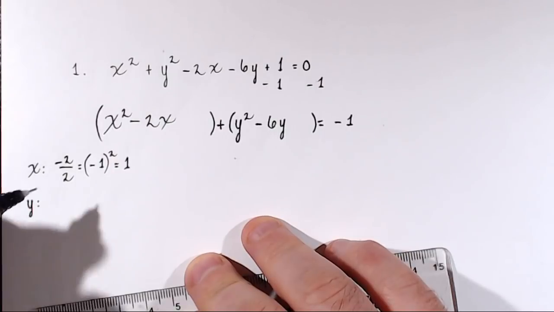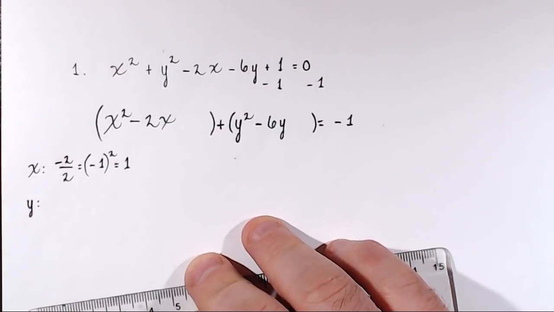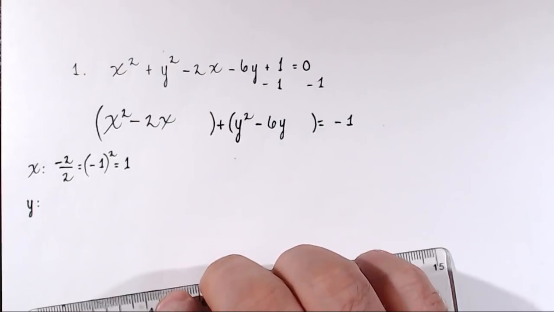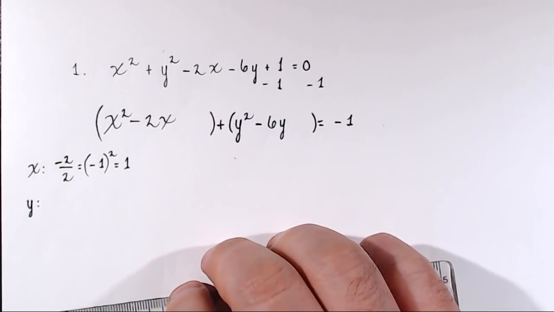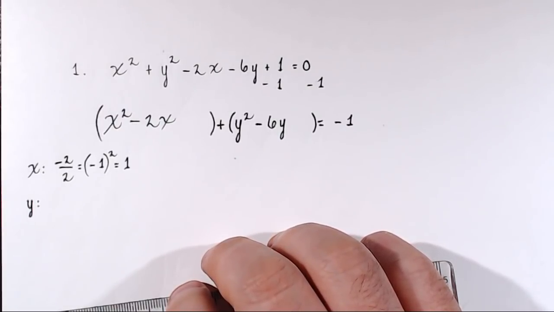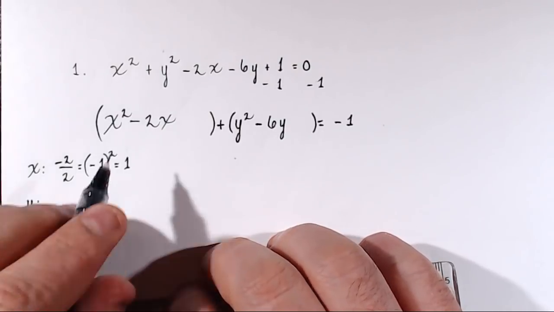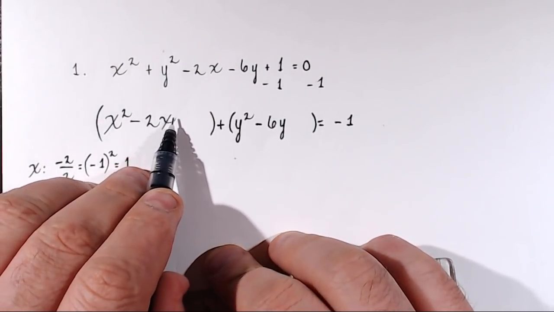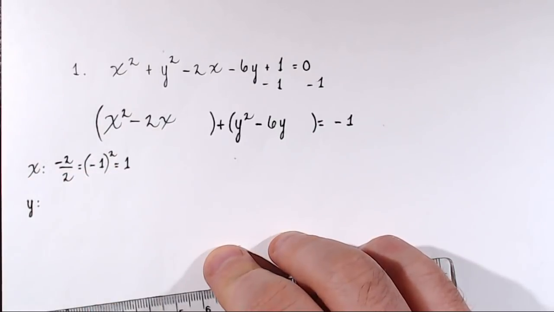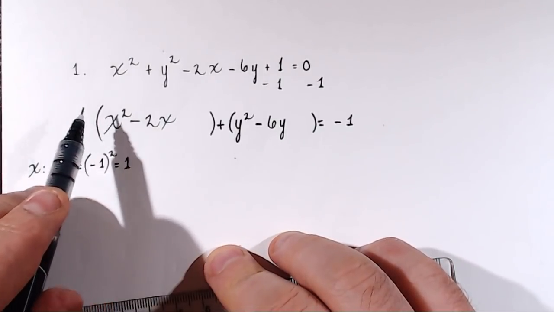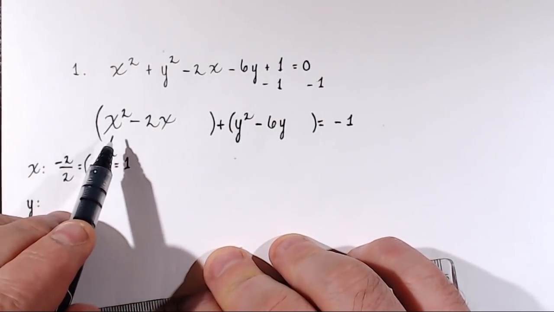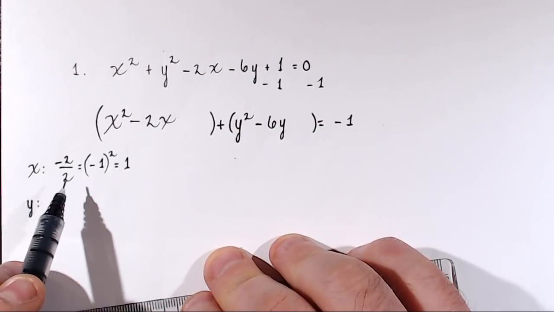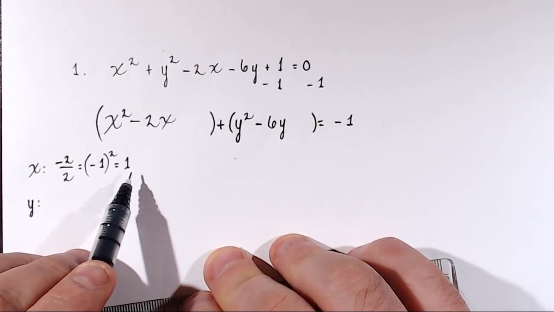Another way of saying that is square half the middle coefficient, or square half the linear coefficient. Linear because it's with x raised to the first power. The linear term. There's the quadratic term. There's the linear term. We take the linear coefficient of x, we divide it by 2, and then we square the result. And that's what we get.